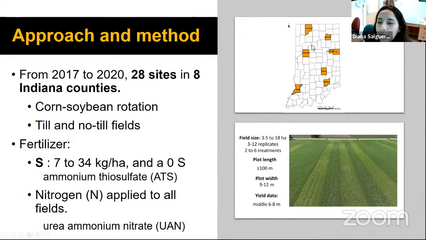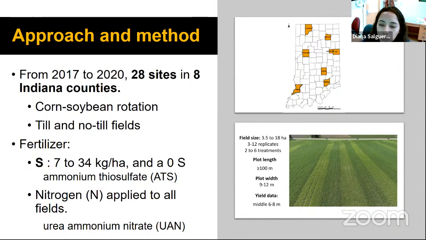If you see this map in the top right, we had experiments in 8 Indiana counties. In total, we have had 28 sites from 2017 to 2020. Most of these locations have been managed under a corn-soybean rotation, and we had locations managed under conventional tillage and some fields that were not tilled.